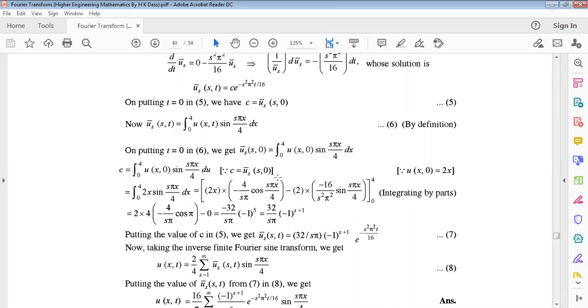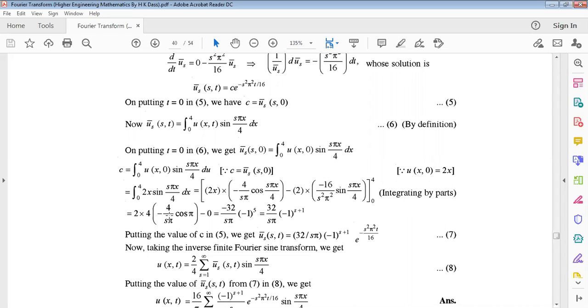Now again integration: integration of sine, dividing with the coefficient s pi by 4, that means s pi by 4 two times, this is why 4 by s pi two times, so 16 by s squared pi squared, and this will be sine, just putting the upper limit and lower limit of integration. Integration by parts, just putting the upper and lower limits, we get this one.